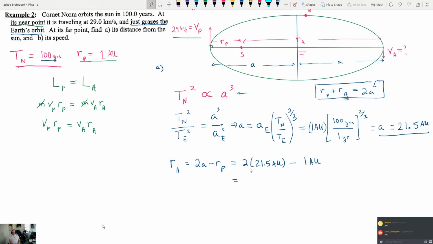So 2 times 21 would be 42, this is going to be 43, minus 1 is 42. So 42 AU is what R sub A is equal to. Because we're going to want to find a velocity later, let's convert this into meters. Again, 1 AU is equal to 1.5 times 10 to the 11 meters, or 10 to the 8 kilometers.